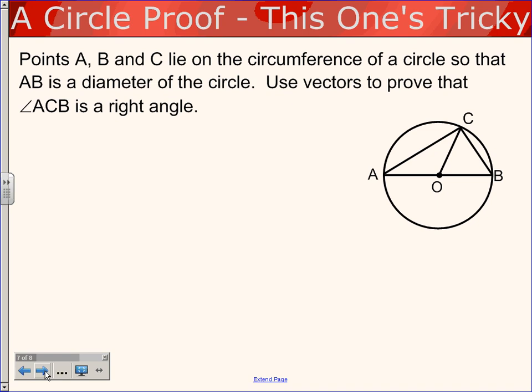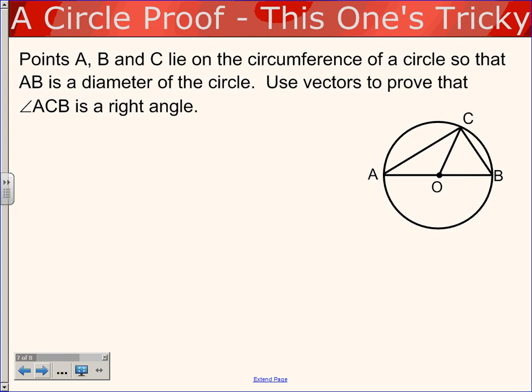It's true that if I put a point C anywhere else on the circumference and then connect A to B and B to C, that's always going to be a right angle, no matter where I put point C. So if point C started to rotate around this way or even all the way down here, no matter where I put it, ACB, that corner, is always a right angle every single time, which is a neat circle property. We don't get to teach you guys much circle property, so I'm taking my chance when I had it.